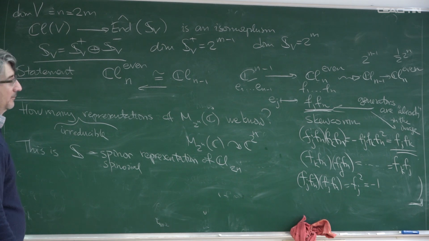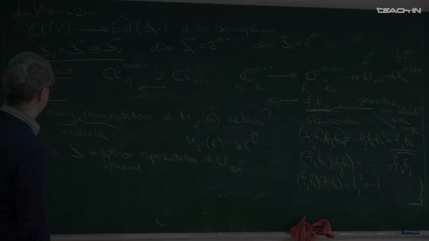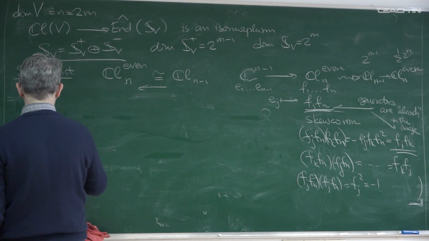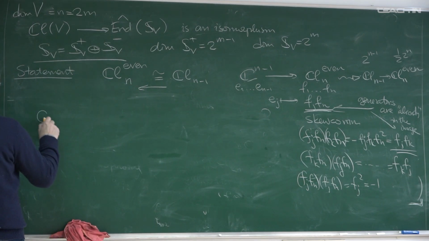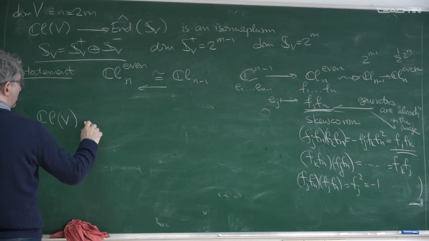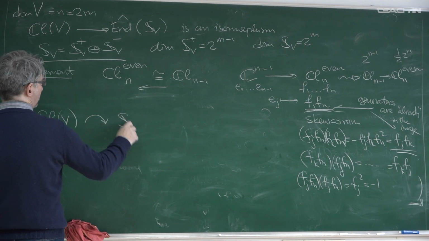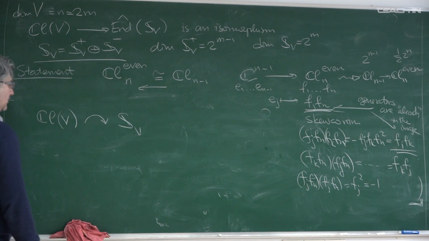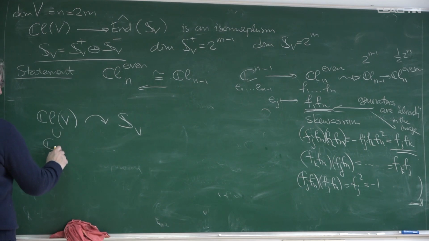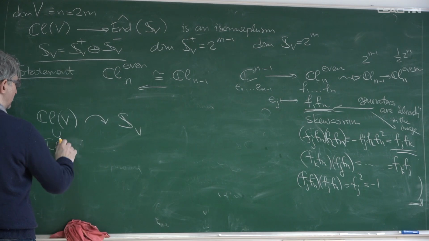Okay, let us consider. We know that the Clifford algebra, Clifford V, acts on the spinor representation. But now I want to restrict this guy to a smaller subalgebra, which is Cl₂.